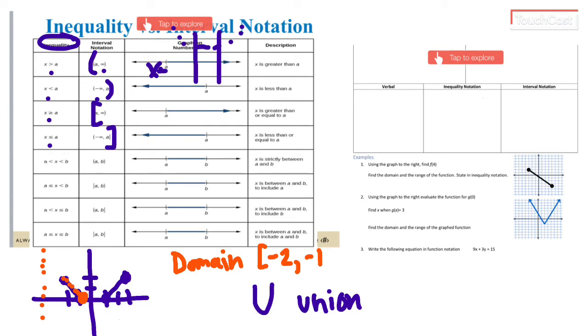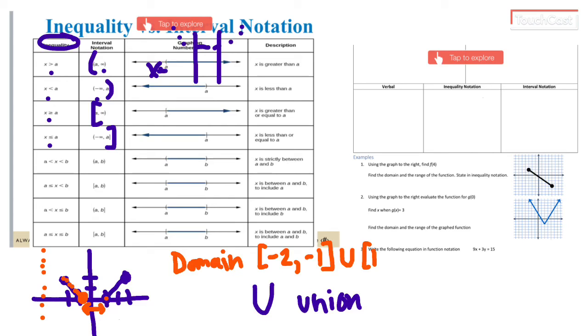And because that's actually a point, it's not got an open circle, we are going to use a bracket as well. But then we hop over. There's no graph in between here and here. It's simply just a kind of a gap. And the next x value that I encounter as I move along this x-axis is this one right here. And so we would need to use a union symbol here in order to say that we are jumping over a spot, and then we are picking back up at x is equal to 1.